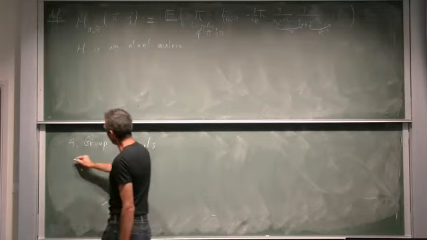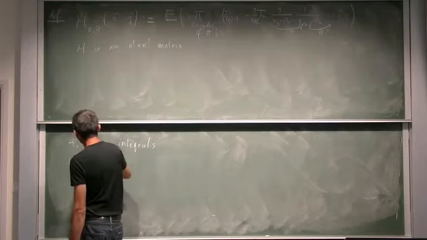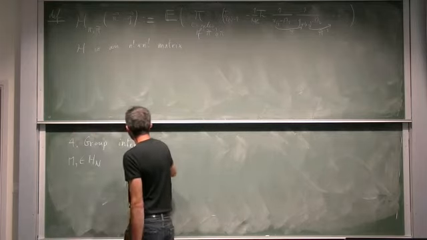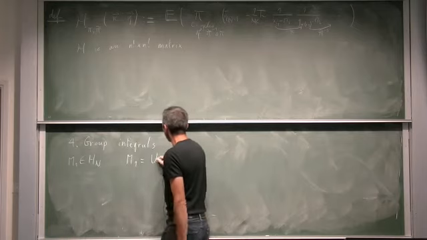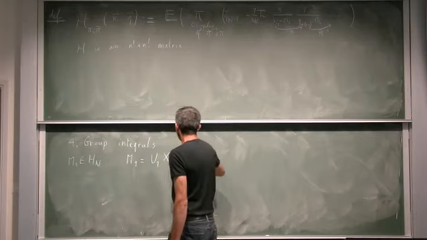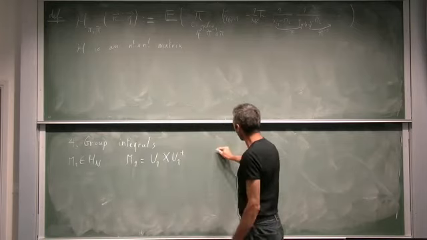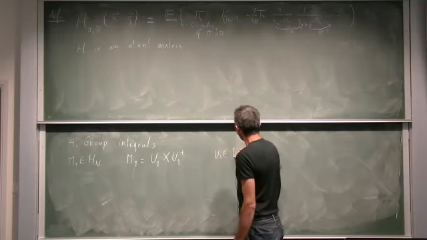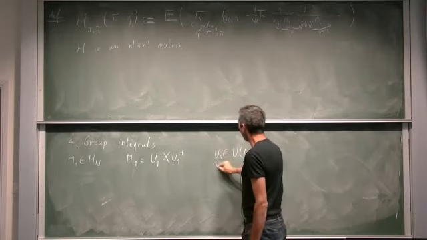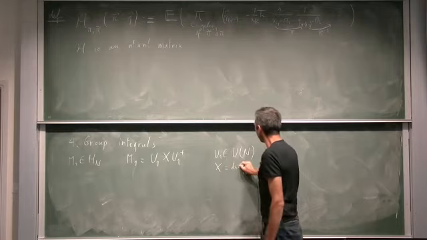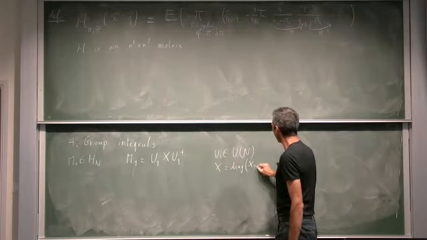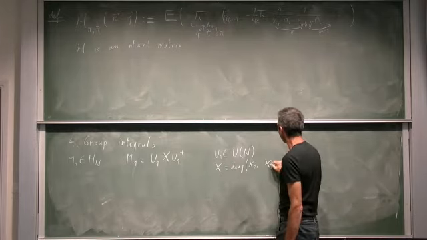So first, since M1 is a Hermitian matrix, it can be diagonalized by a unitary transformation, where U1 is a unitary matrix, and X is a diagonal matrix, X1, ..., Xn.